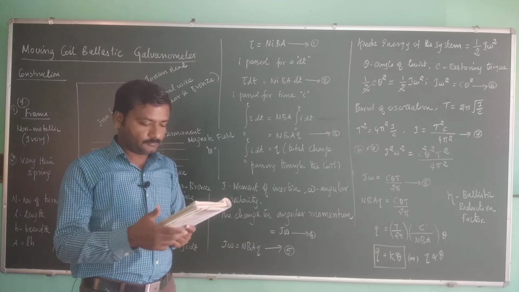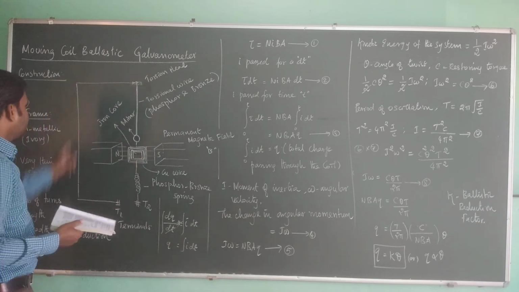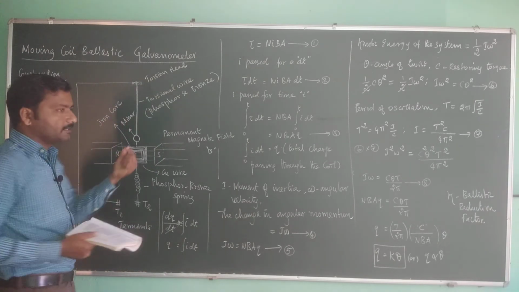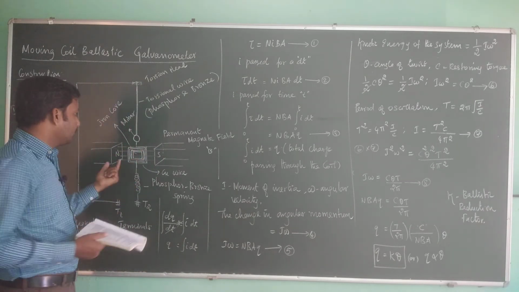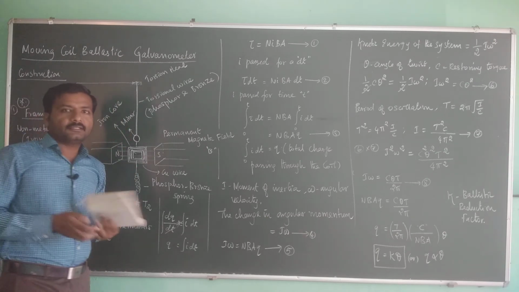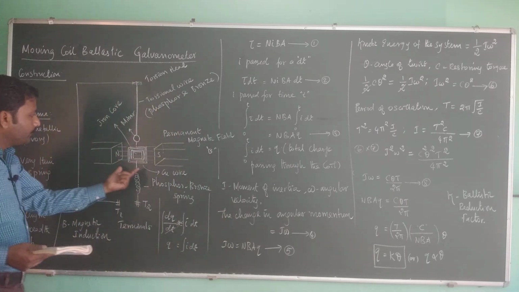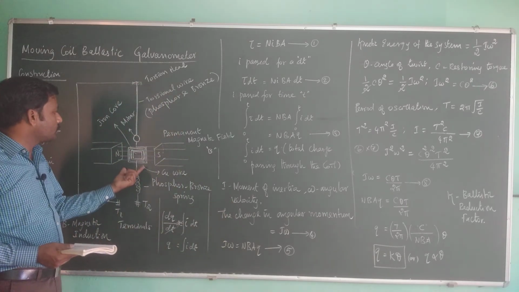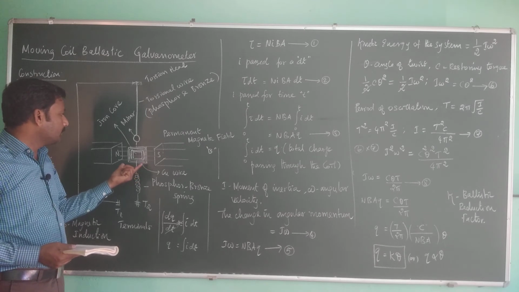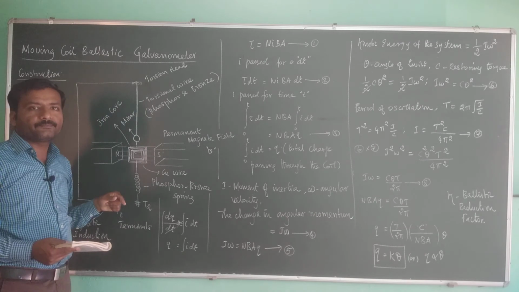What happens? The charge is allowed to pass for a very small amount of time. That is another point we have to consider. The charge is considered for a small fraction of time, so that the charge should be passed through before the coil starts responding to it.